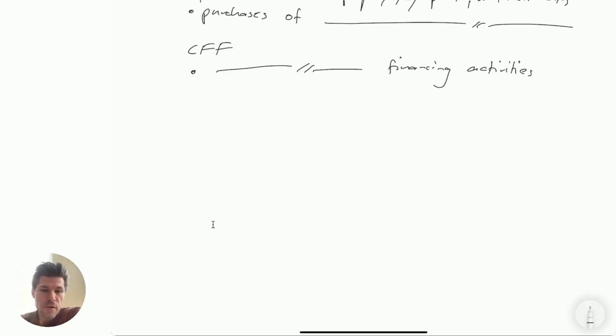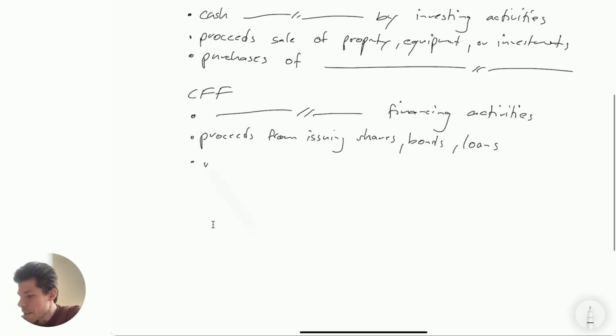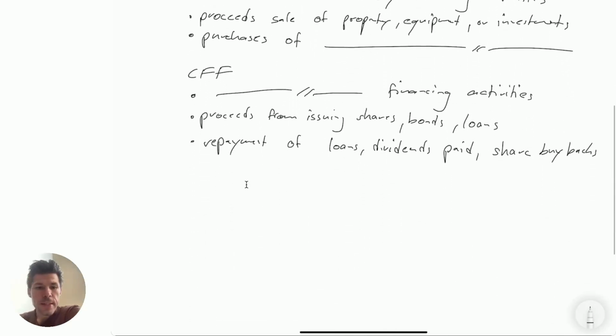Looking at the inflow side, it's mainly proceeds from issuing shares, bonds, or loans, or as a cash outflow, repayment of loans, dividends paid, or share buybacks. So we always have those three sections.